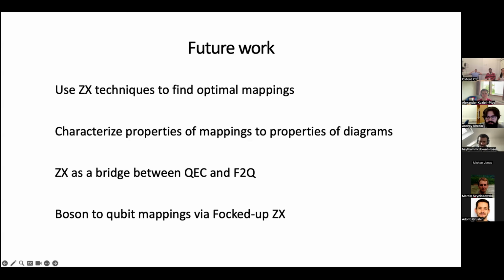Rosine, you know quantum error correction better than I do. Do you draw these parallels in your head? Yeah, for the local encodings, when we were trying to come up with encoders, it's basically drawing on the work done in ZX for error correction. We have these stabilizers that we want to describe, and we were taking the ZX for error correction work and trying to bring it to local encodings.